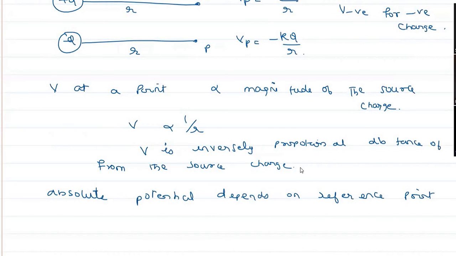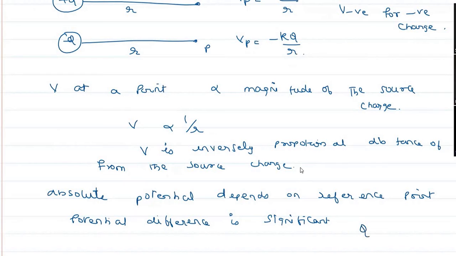But potential difference does not depend on the reference point. Potential difference is significant, the reason being that it is not depending on the reference point. Consider points A and B. Definitely you know that the distance of A is lesser than B, so VA will be greater than VB.